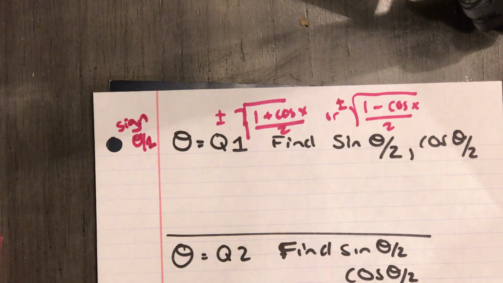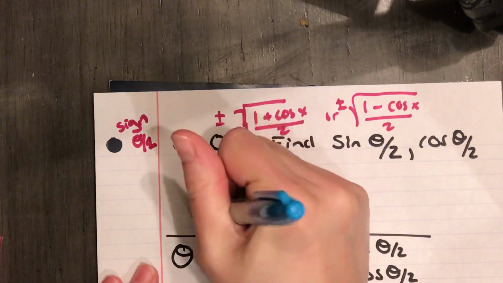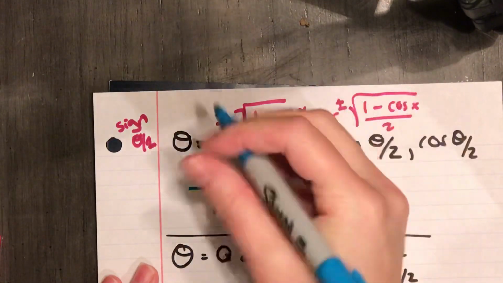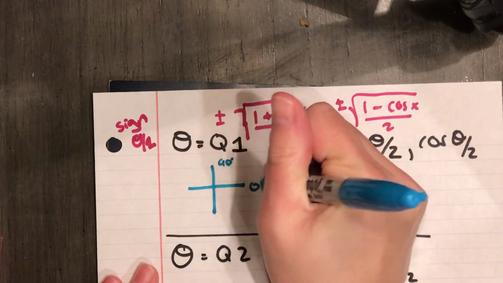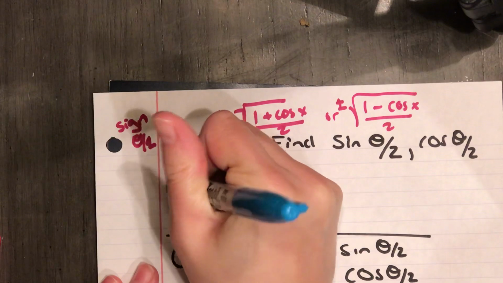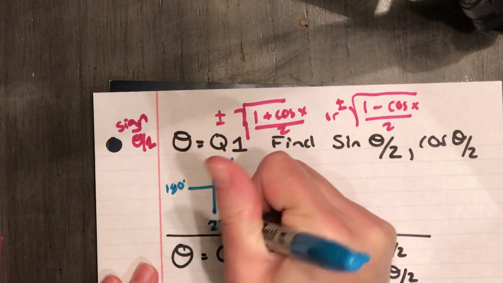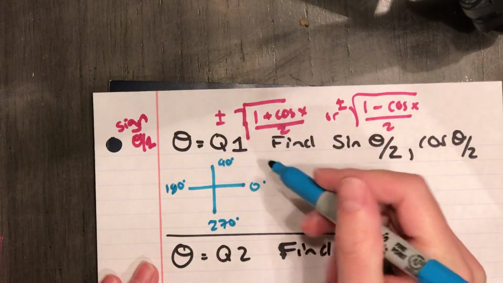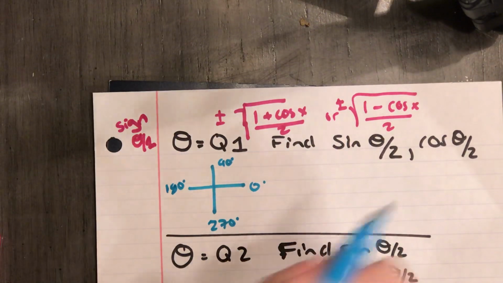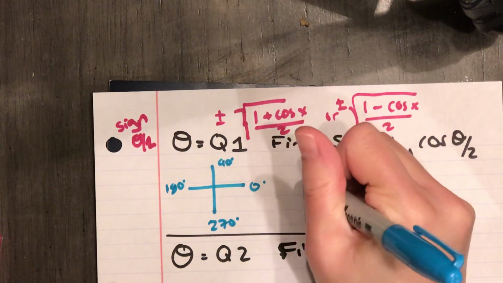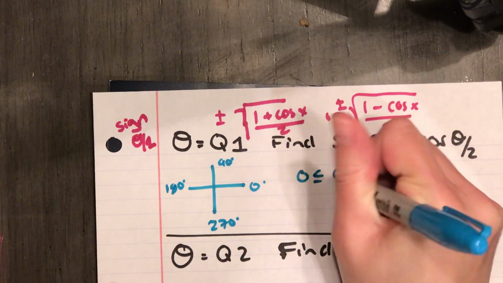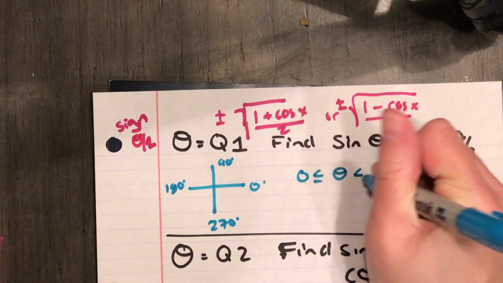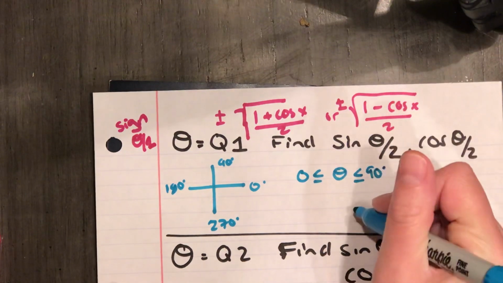All right, so let's say I have something that's in quadrant 1. Okay, so as you guys know, we've got 0, 90, 180. If you hear running around, it's the cat. Okay, so theta right now is in quadrant 1, so my angle has to be between 0 and 90 degrees.